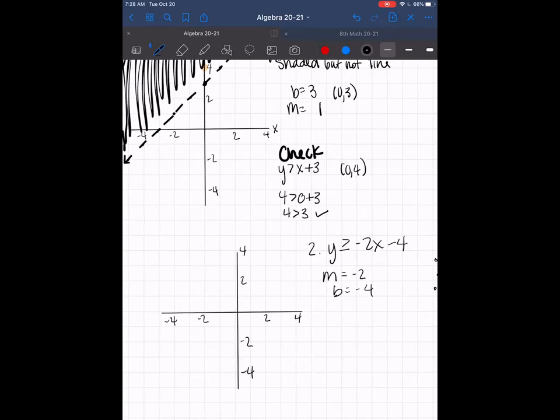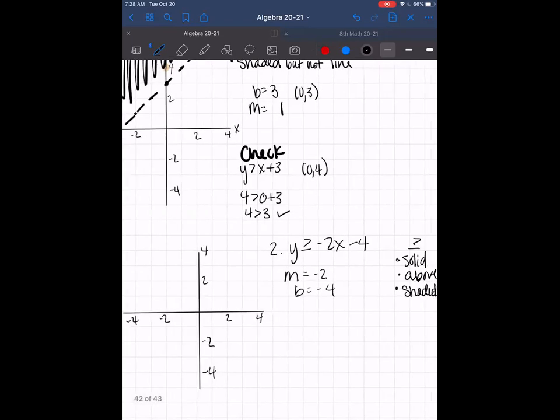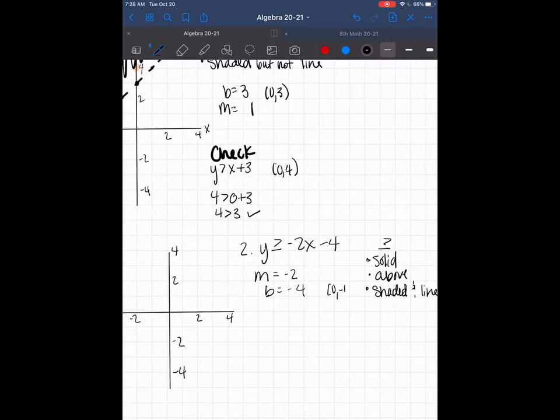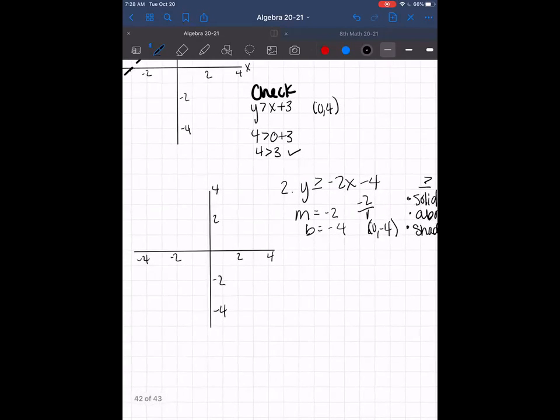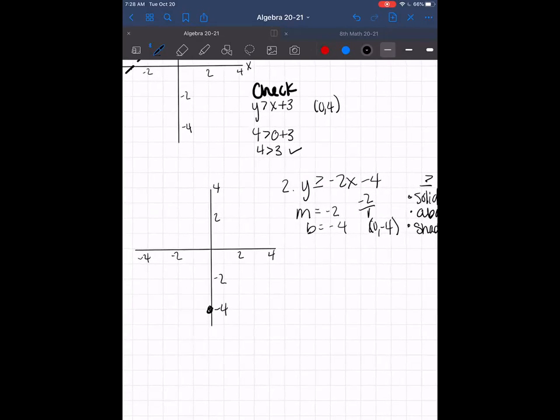So my intercept is at 0, negative 4, and my slope is negative 2 or negative 2 over 1, meaning I'm going to go down 2 and over 1 every point. So my initial point is right here.